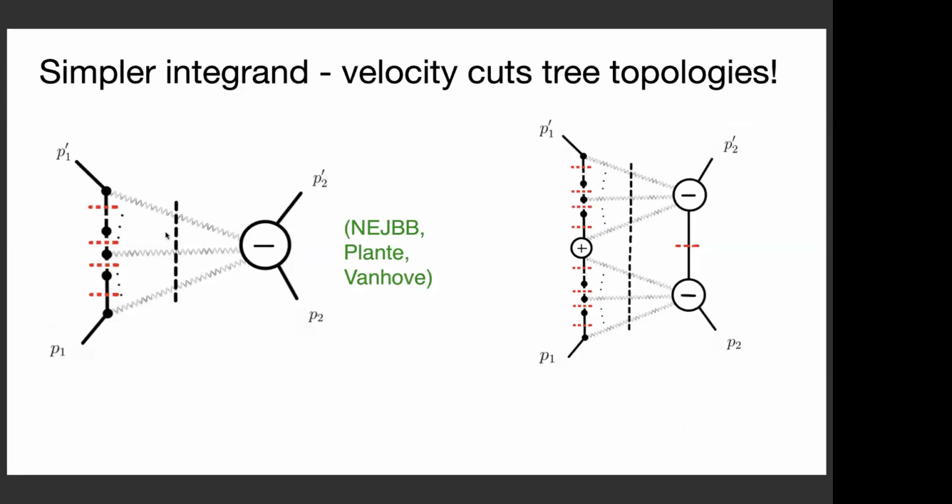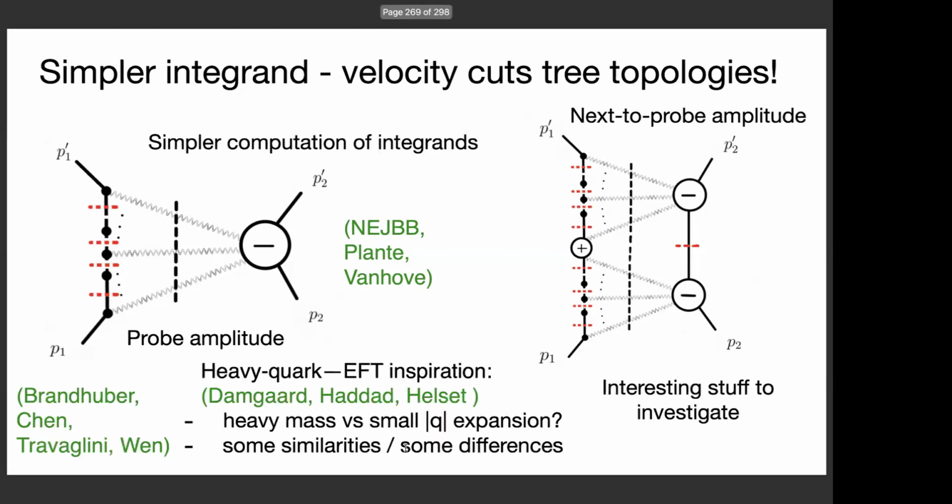For instance, we can see that the probe topology will be of the type that has no propagator and has all the propagators on one side, while the next to probe topology is one that has one propagator or delta function on one side and the rest on the other side. So this is a simpler way to generate the integrand than to do the whole cut, because we can eliminate certain pieces from the start.